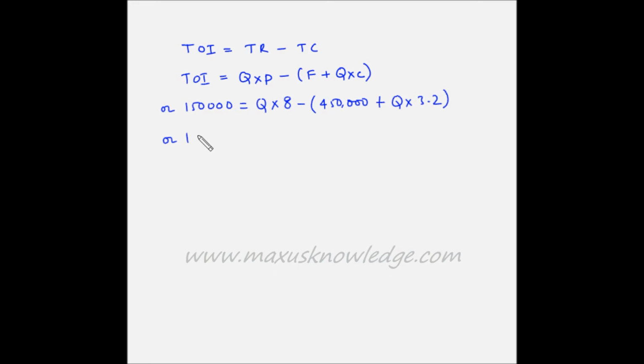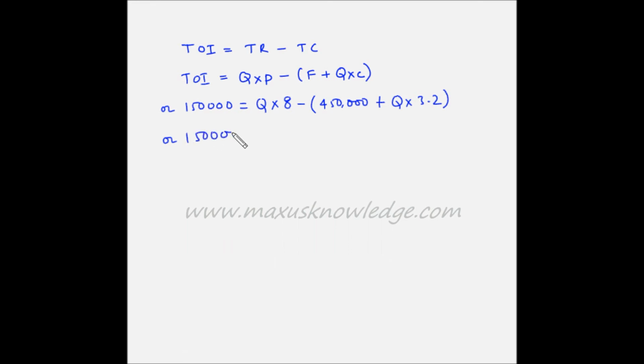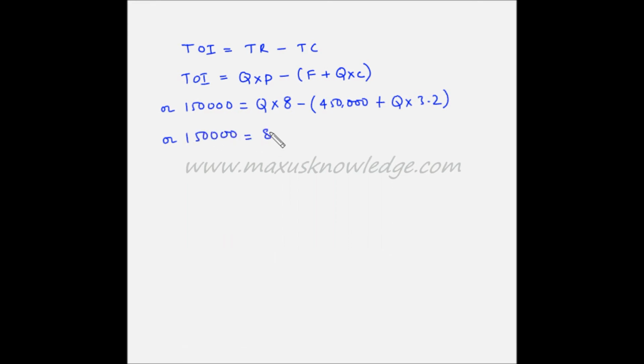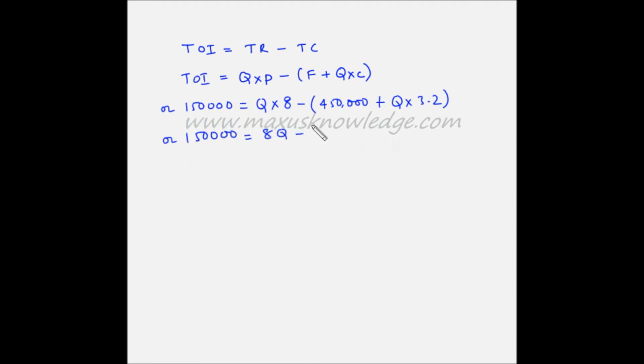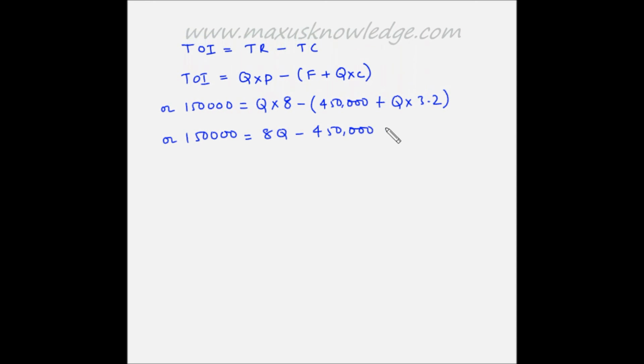or 150,000 is equal to 8Q minus 450,000 plus 3.2Q.